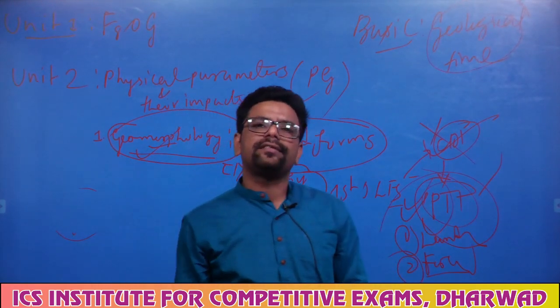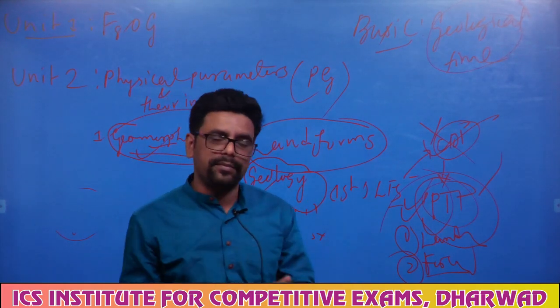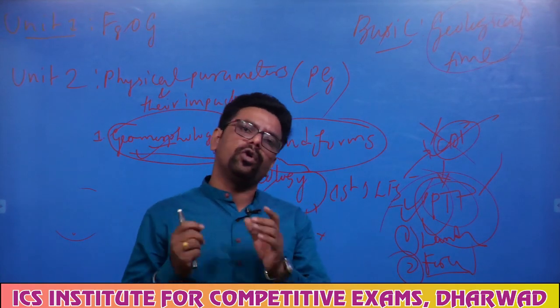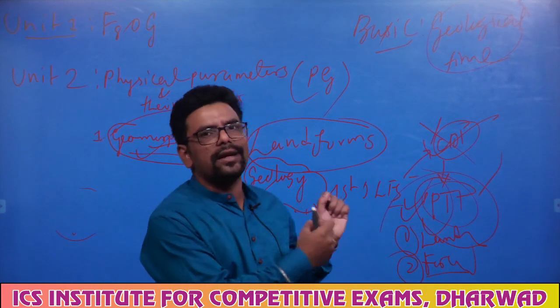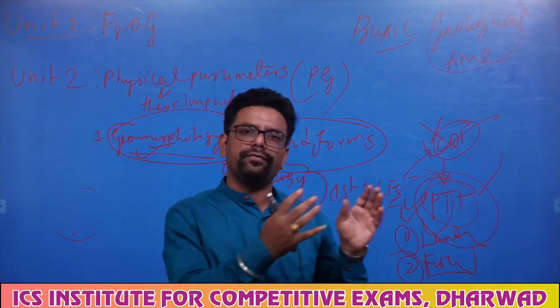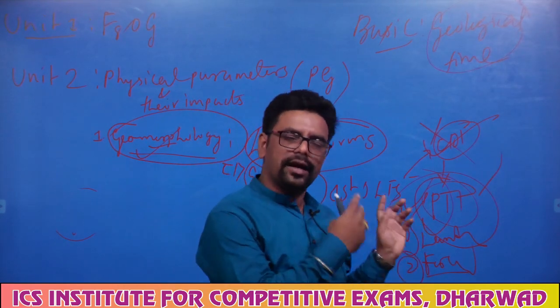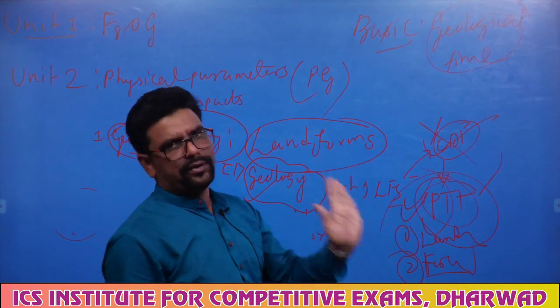And besides this, when you have volcanoes, we have to go for rocks and the rock system, types of rocks and rock cycle, what do you mean by lithification, what do you mean by diagenesis, and all the things we need to study here. And what is the role of this in nutrient cycling of the environment? It has a connection. These are all the things we need to study.